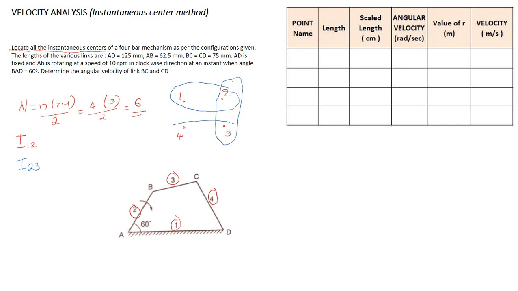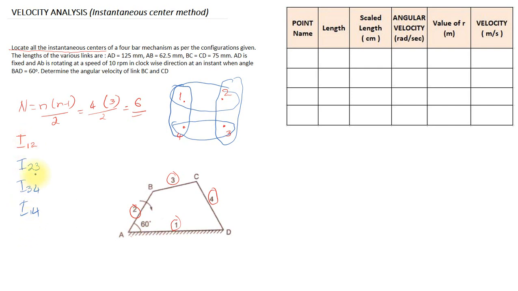Next is I3,4. And next one is I1,4. So these are 4 instantaneous centers. 2 more instantaneous centers are yet to be found out.